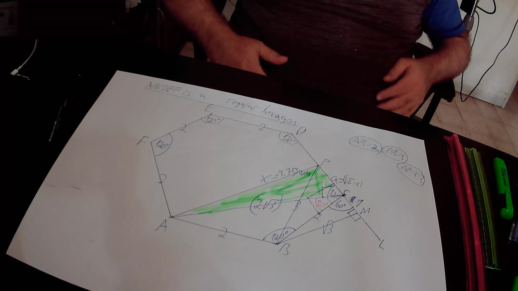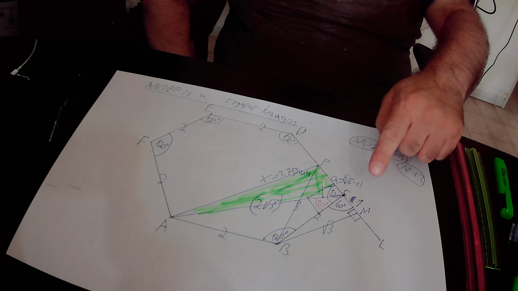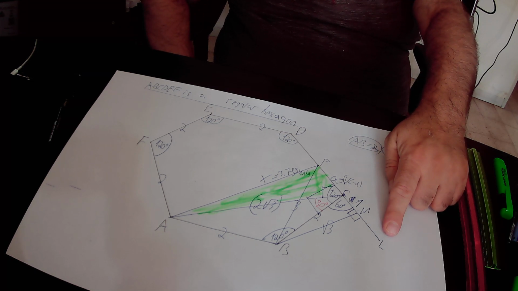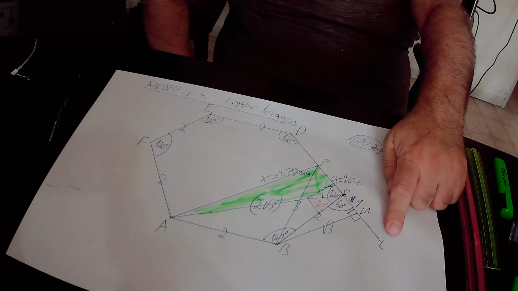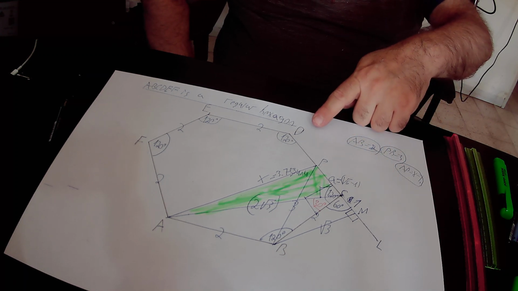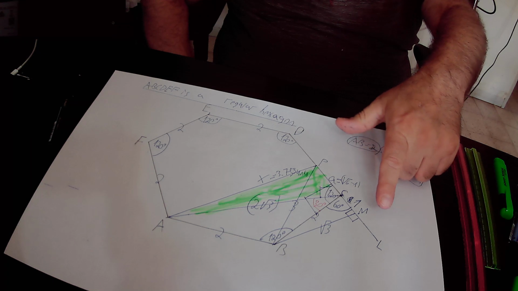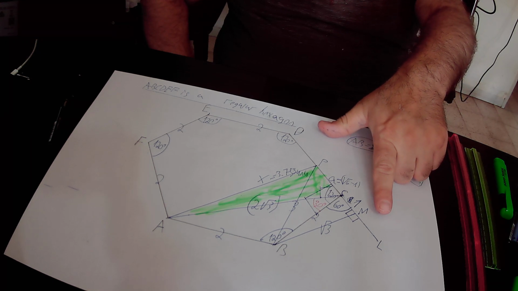In the next step, we extended side DC by a straight line until point L. So by extending side DC, we created line segment DL.